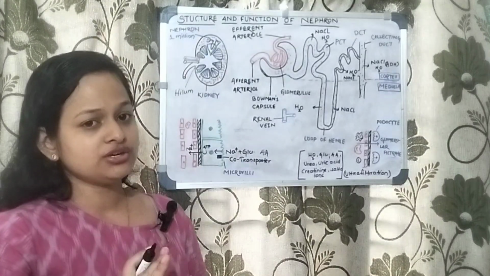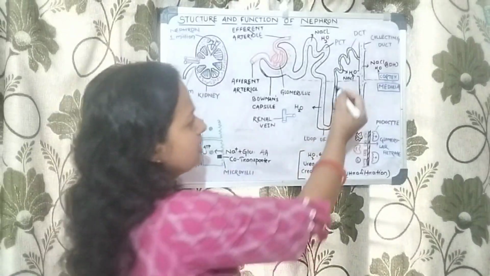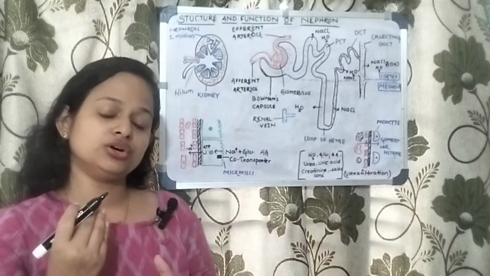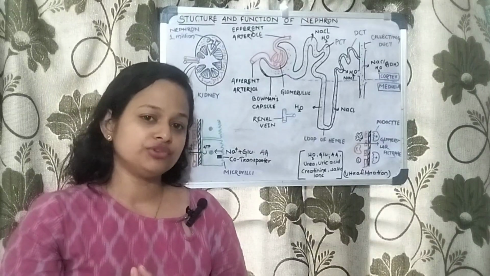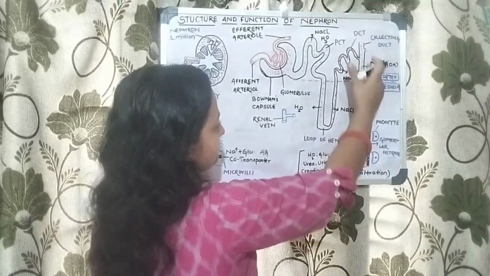So the tubular secretion process only takes place in the DCT and collecting duct, where the filtrate has already been converted into urine.